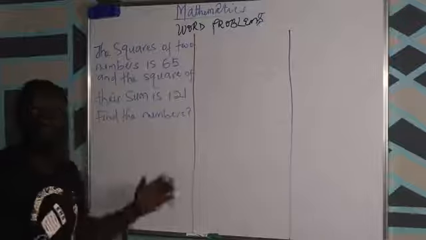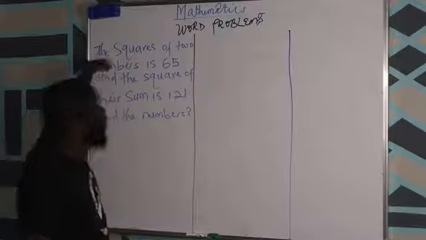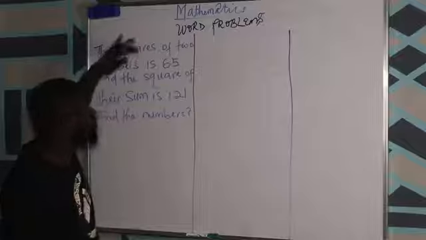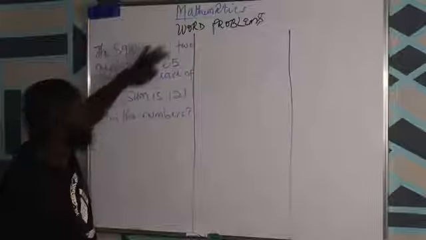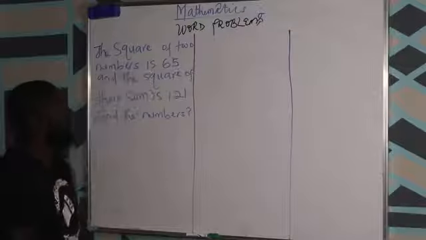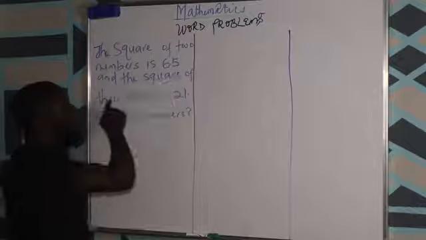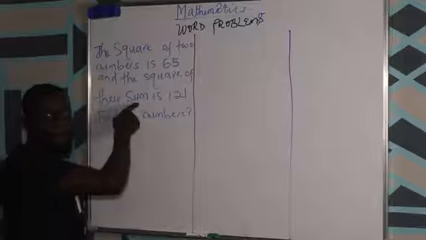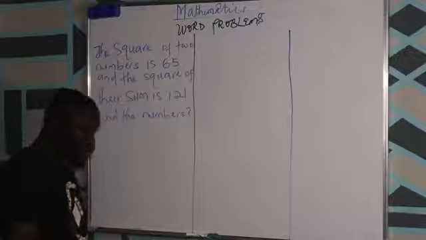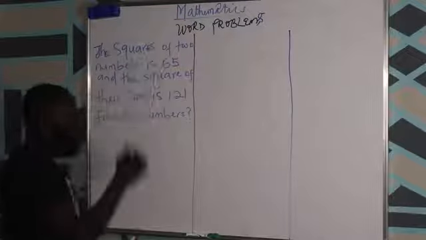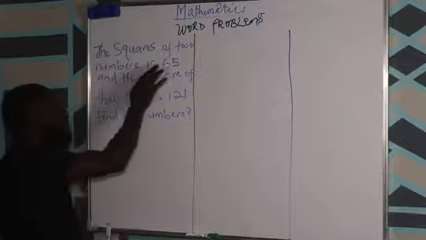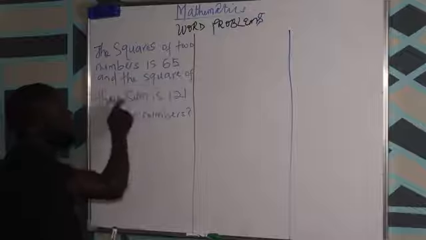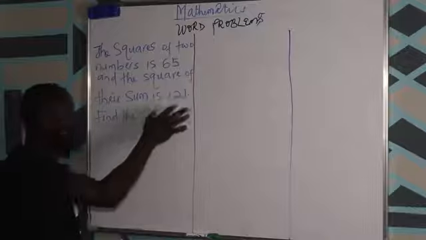Okay, this is the question. The squares of two numbers is 65, and the square of their sum is 121.